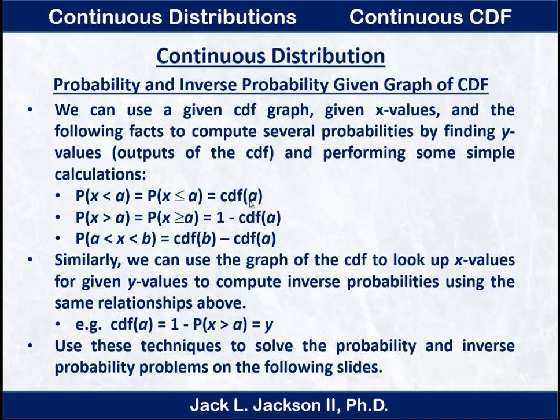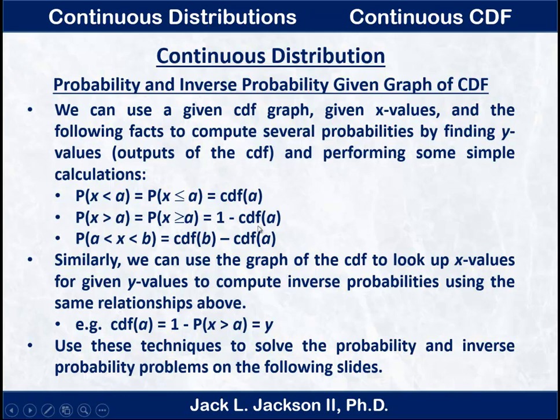So for example, if you're given the cumulative probability, probability x is less than or equal to A, you just simply take that y value, look up the corresponding x value, that will be A. Let's say we're given the probability to the right, probability of x greater than A, well remember that 1 minus the probability of x greater than A is going to be our CDF of A. So basically take this second equation right here, solve it.